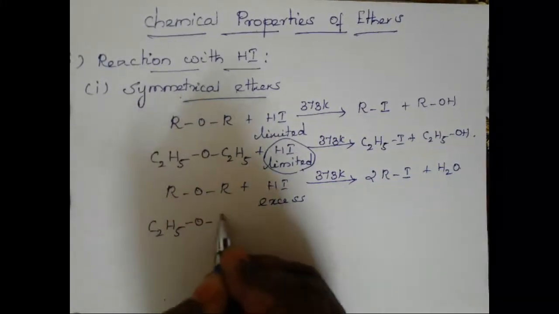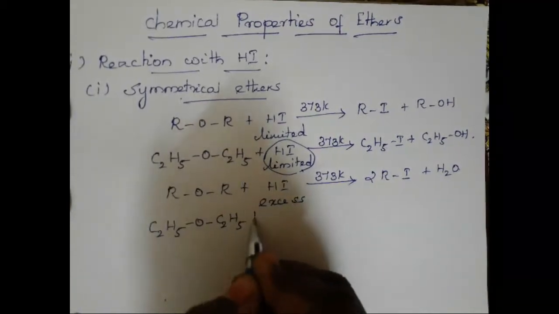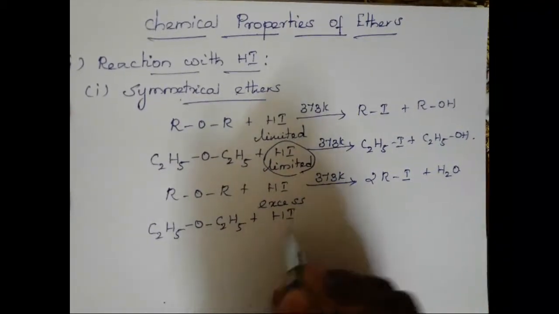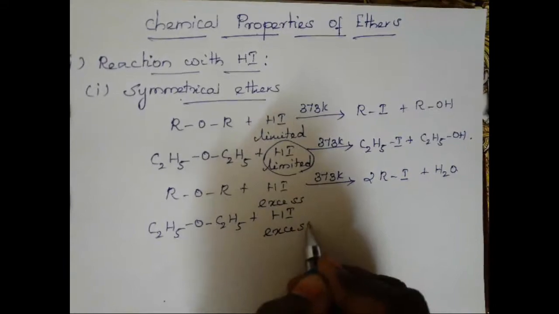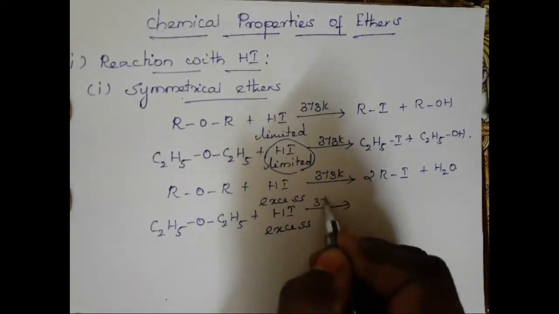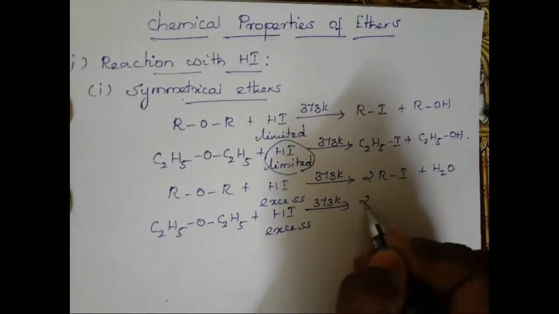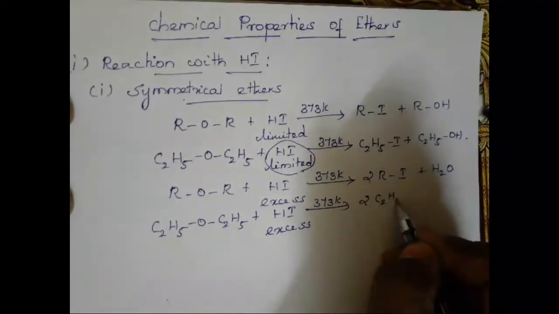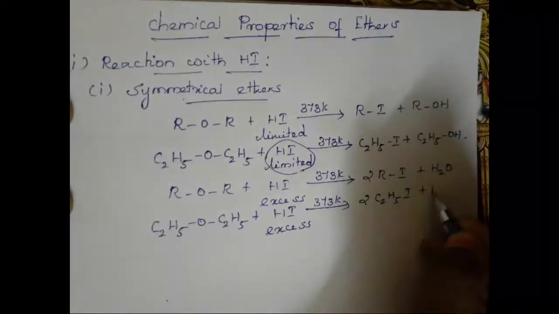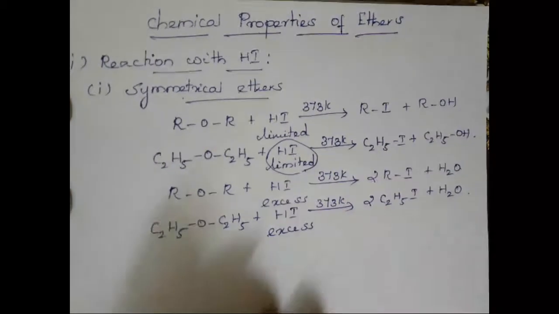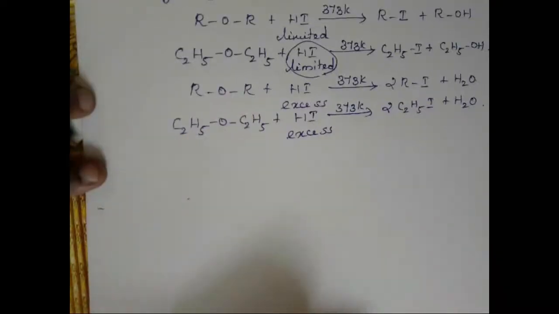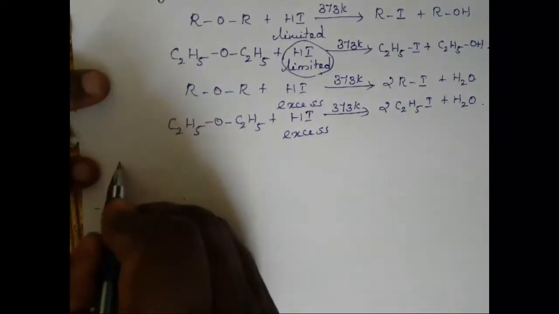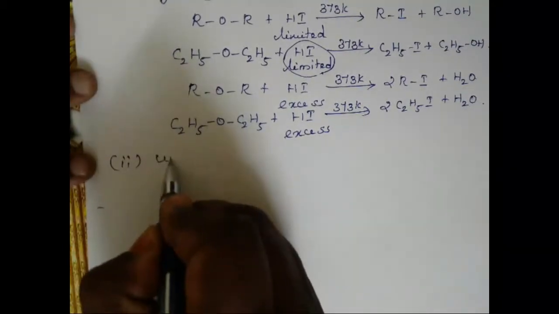When diethyl ether is treated with hydrogen iodide in excess at 373 Kelvin, it will form two molecules of ethyl iodide and water.